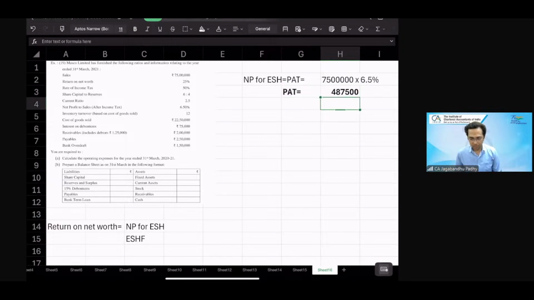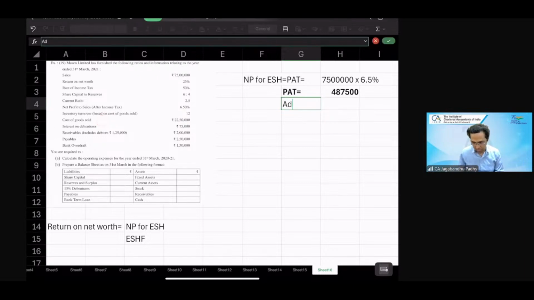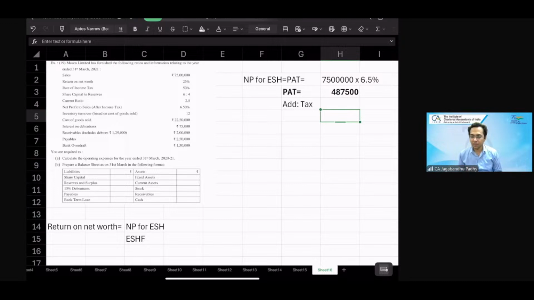Yes, sir. Perfect. So now obviously I can say that net profit for equity shareholders is also the same as PAT, and then I can calculate it. But our first target is to get the operating expense. For operating expense, we have the net profit to sales, the COGS is given as 22 lakh 50, and interest on debentures is given. So we just do the backward calculation. When we do the backward calculation, to PAT we will add the tax.